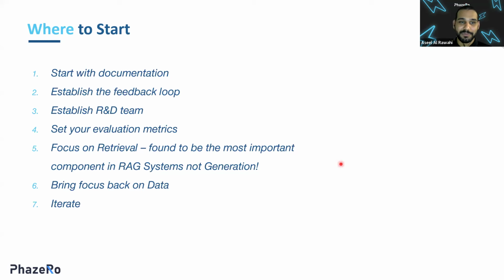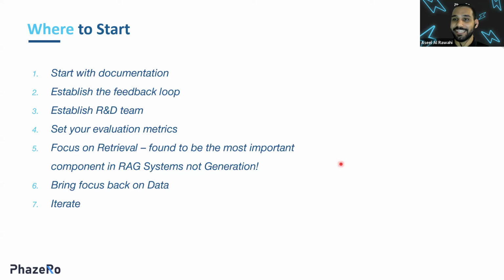Also, the most important is you need to set evaluation. Again, your evaluation should be metric based. You need to measure an actual metric, and that metric should map to a criteria that you are very concerned about. If you want quick wins in your RAG application, focus on retrieval, which is found to be the most important component in a RAG system, not the generation. And bring focus back on data.